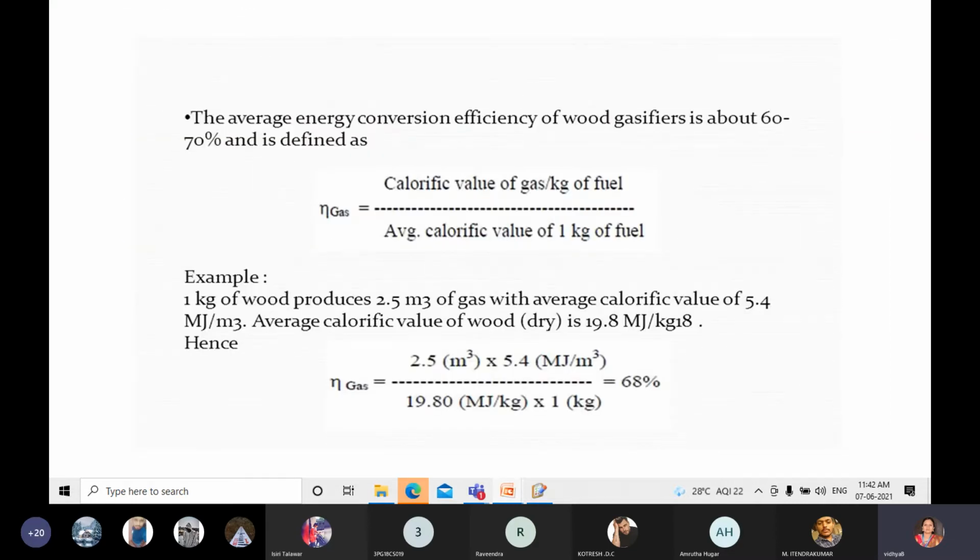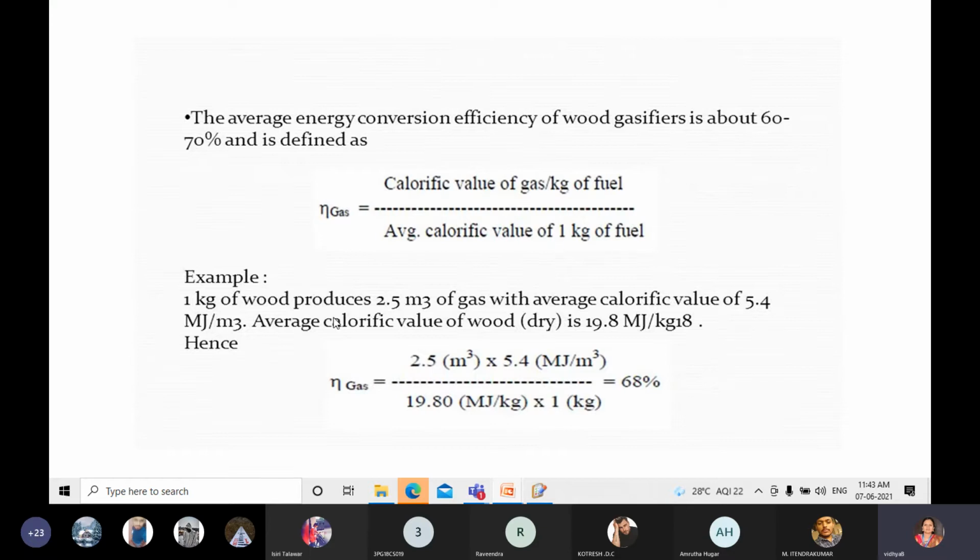Here, the average energy conversion efficiency of a wood gasifier is about 60 to 70%. How can we calculate it? It is the calorific value of the gas divided by the average calorific value of 1 kg of fuel.